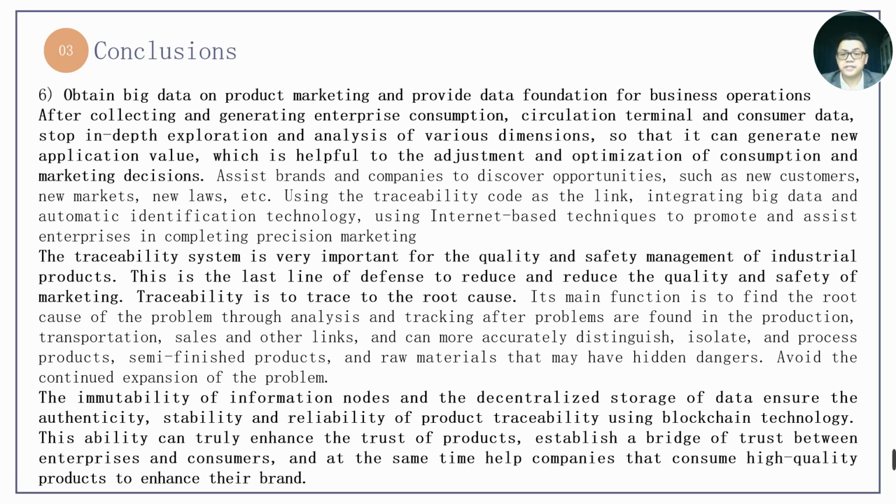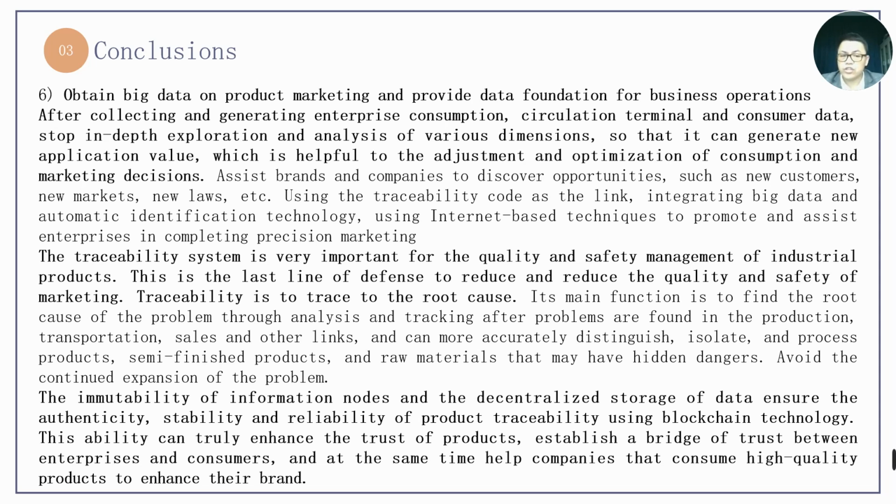And the traceability system is very important for the quality and safety management of industrial products. This is the last line of defense to reduce the quality and safety risks of marketing. Traceability is to trace to the root cause. The immutability of information nodes and the decentralized storage of data ensure the authenticity, stability, and reliability of the product.